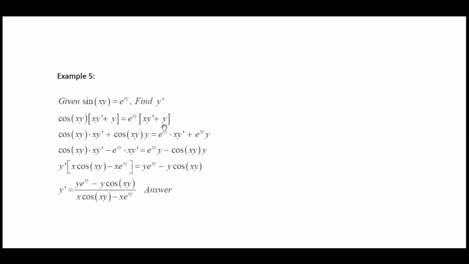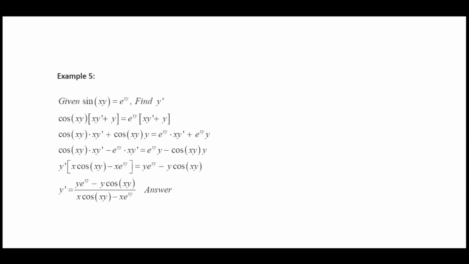Before we can start moving the y primes to one side and the non-y primes to the other, we're going to have to multiply this out. So we're going to multiply this times this, and this times this, and this times this, and this quantity times this. Okay, we're using the distributive property from algebra.